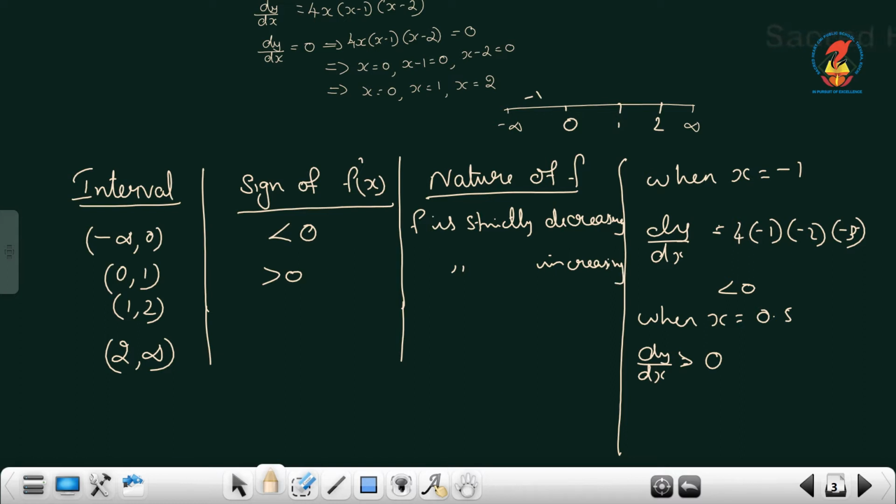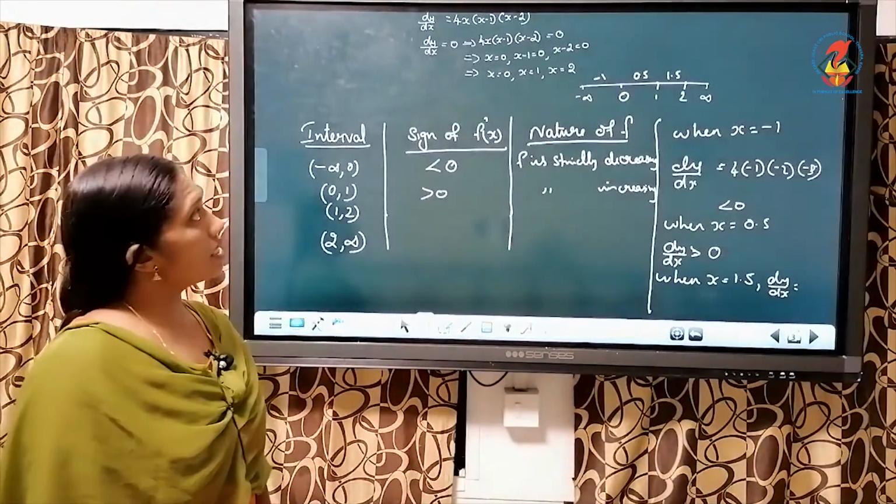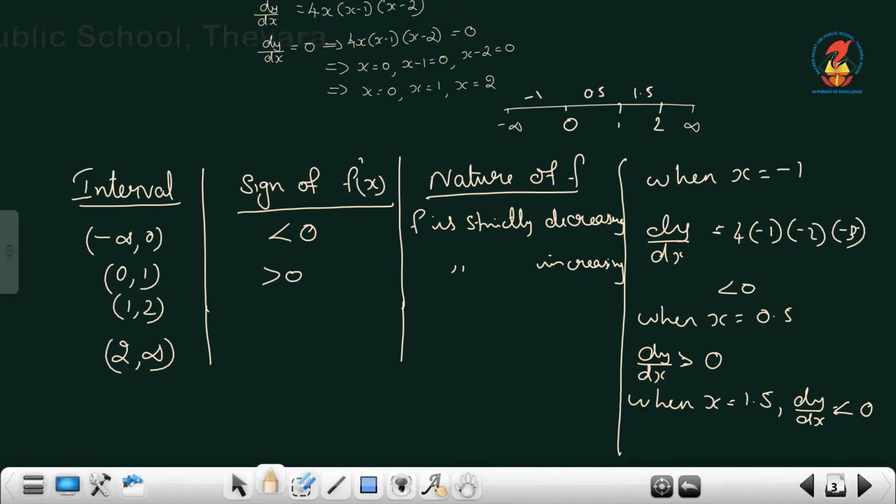Now the third interval, 1 to 2. I can take 1.5. So when x is 1.5, 4 into 1.5 is positive, 1.5 minus 1 is positive, 1.5 minus 2 is negative. So total it is negative. So f is strictly decreasing.